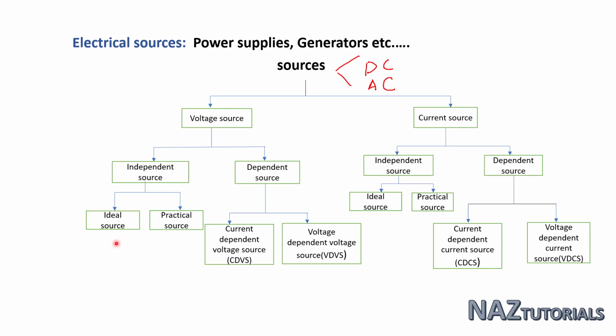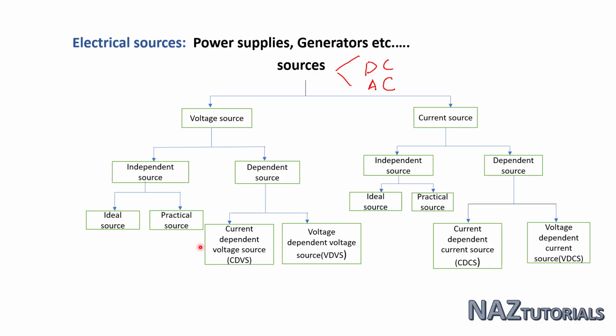The ideal source has no internal resistance. If its value is V volts, it will give V volts. If its value is I current, it will give I current.